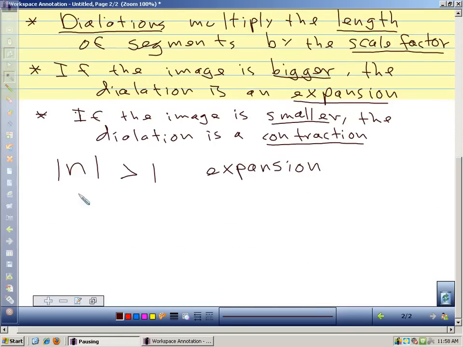And if our absolute value is less than 1, that means some kind of fraction, 1/2, 1/3, 1/4, 1/8, 2/5, something that's smaller than 1, we get a contraction. So depending on the size of the scale factor, we get an expansion or contraction.